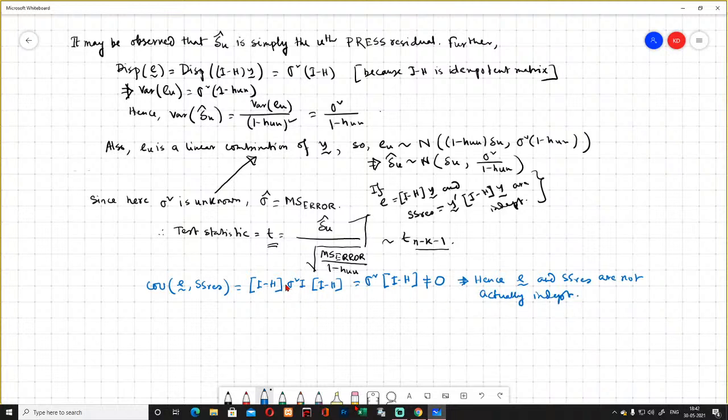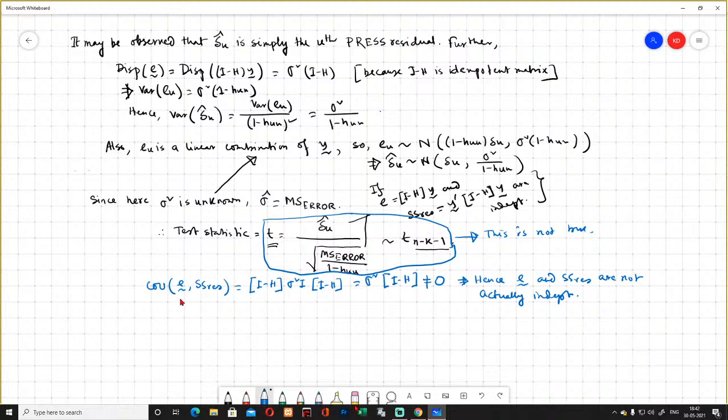So this portion is not true. That is, this does not follow a T distribution with n − 1 degrees of freedom.